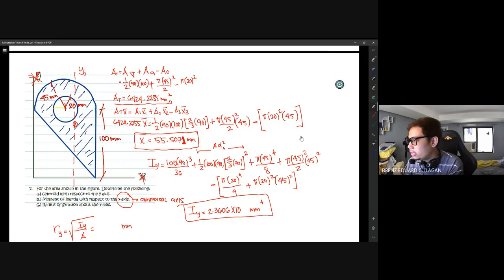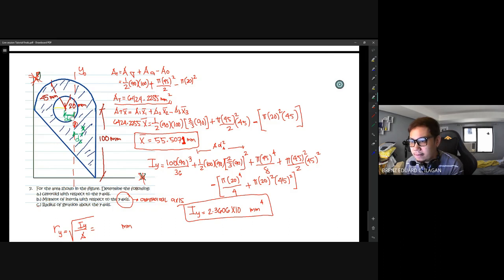So, yung centroid ulit ng ating triangle, di ba, inassume natin kanina nandito. So, ang distance na i-consider mo is itong distance na to. Yan yung distance for the triangle. For the circle and semicircle, ang kailangan mo makuha ang distance is ito. Ayan. So, yung distance ng circle at saka semicircle. Okay?